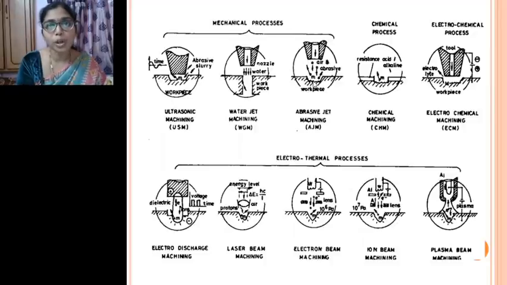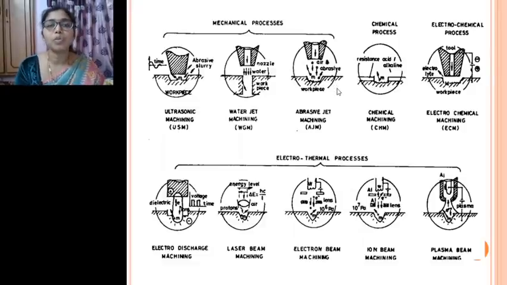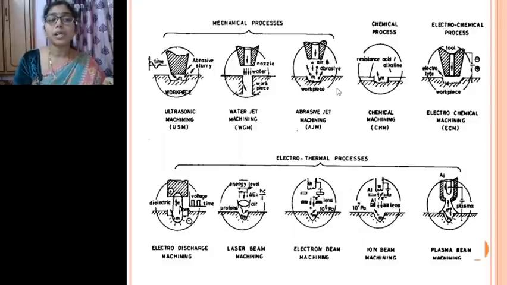If they go beyond the strength of the material, material is removed from the surface. There will be a number of particles coming and hitting the surface, so the material removal will be uniform.